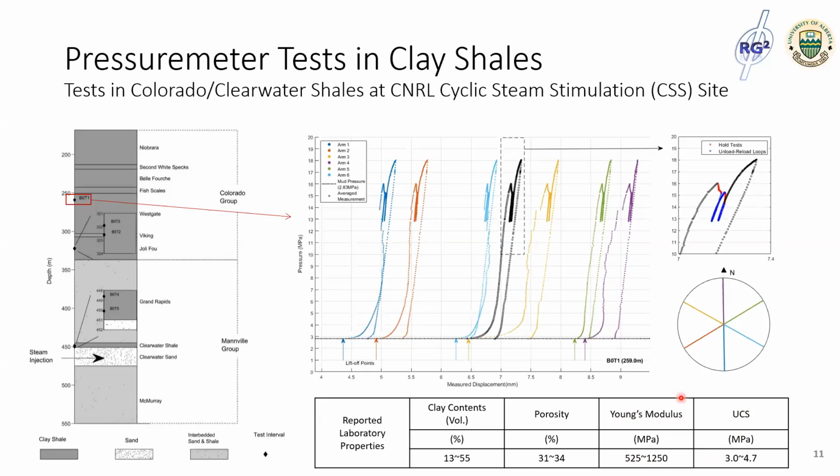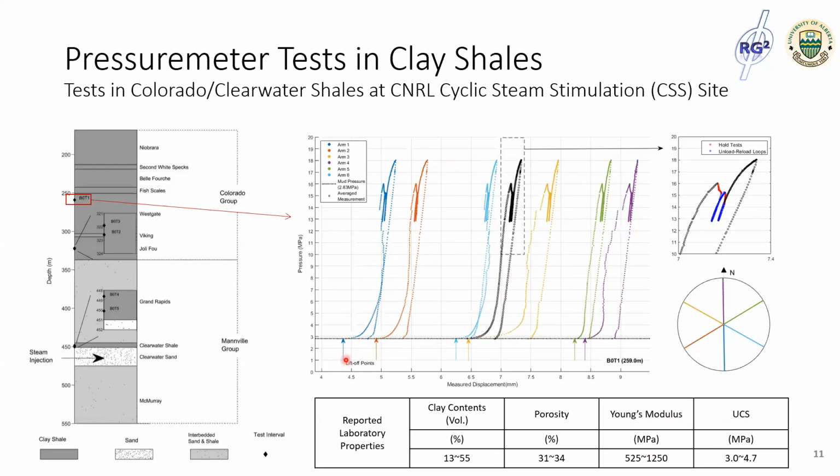The data for the first test in the Wabiskaw Formation is shown here with the measurement by six calipers. The testing hole is oversized and filled with mud, so the borehole expansion didn't start until the inflation pressure exceeded the mud pressure.